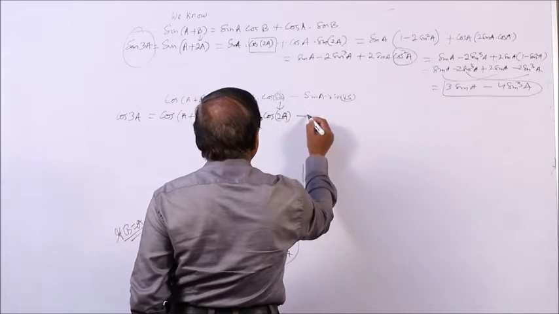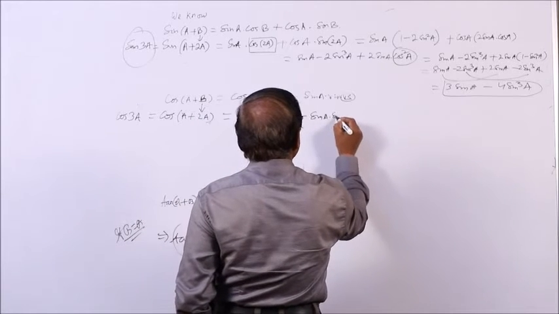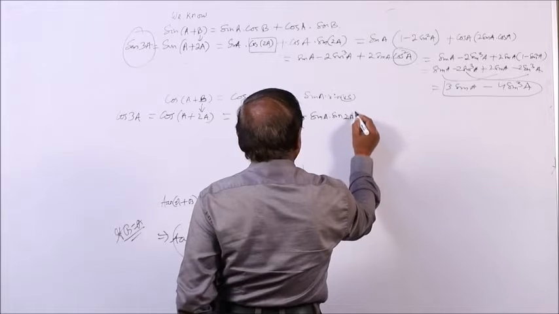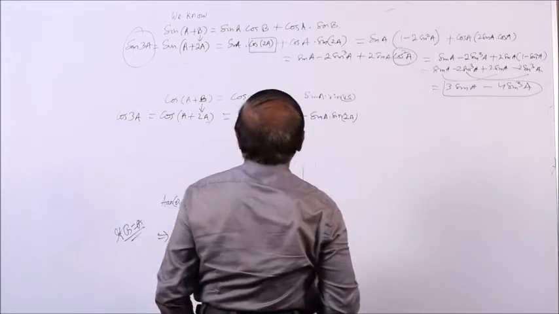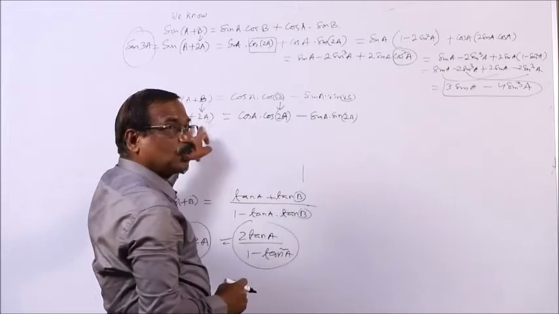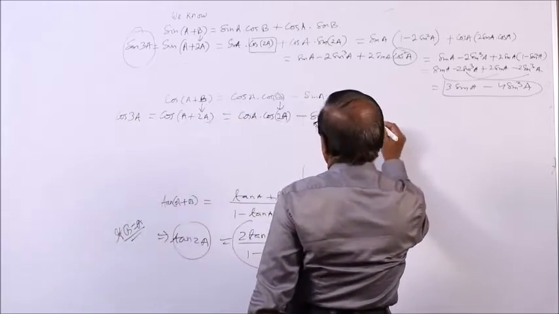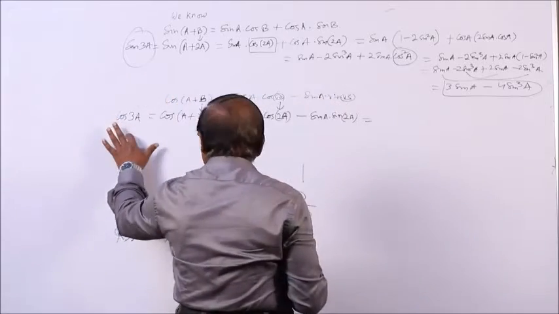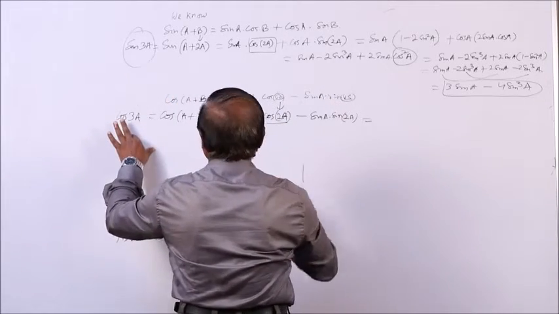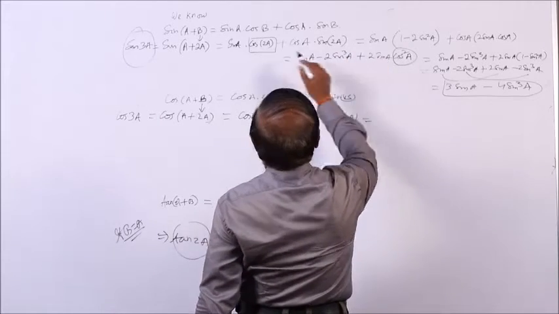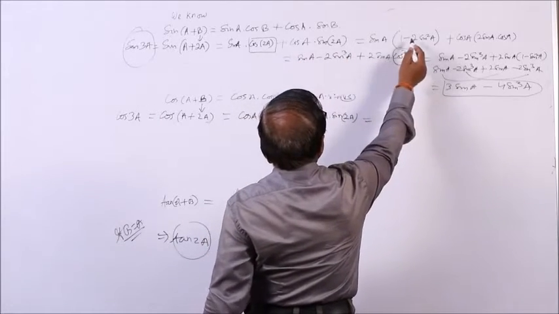B is 2A minus sin A into sin B. Yes. Because in place of B we have taken 2A. So, put the values of cos 2A. Yes. As because it is cos, I will put the values of cos 2A as cos. Here sin, so I have put the value of here cos 2A in terms of sin here. This one.